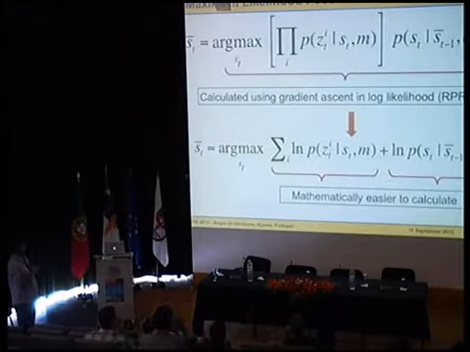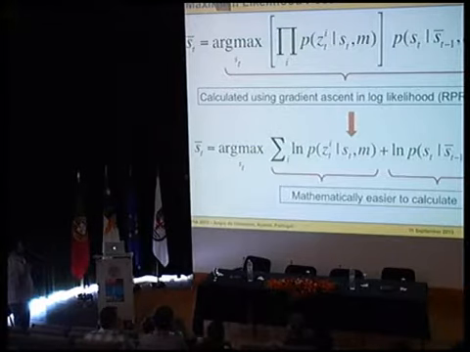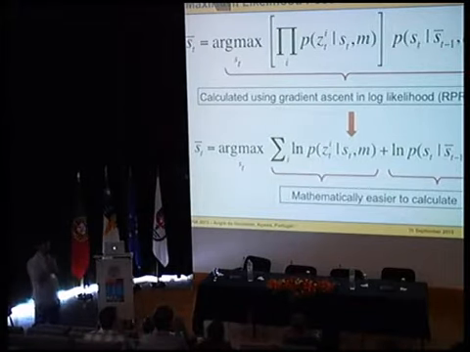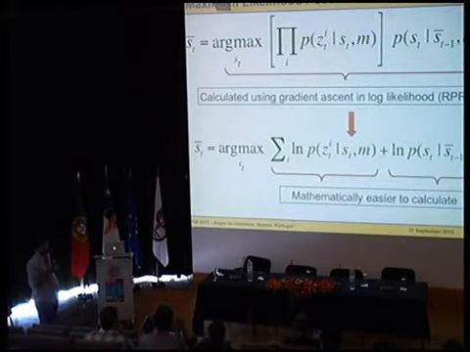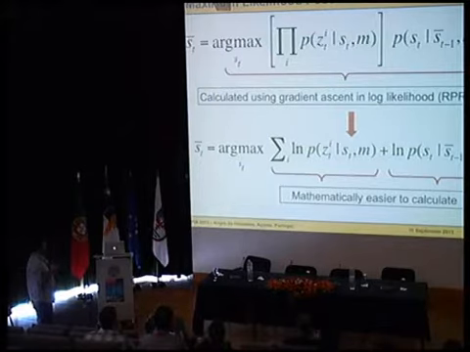What we really do is solve this maximization using a gradient ascent in log likelihood. We use the Rprop algorithm to do that. We do this in log likelihood because it simplifies the calculation: instead of a product, now you have a sum over the probabilities of all measurements.